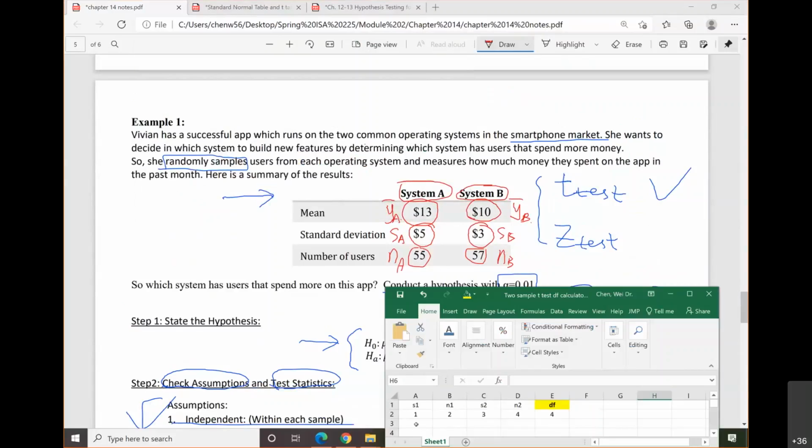So we have S1, which is 5, N1, which is 55, S2, which is 3, N2, which is 57. All right, so our degree of freedom will be 88, calculated by that big formula.